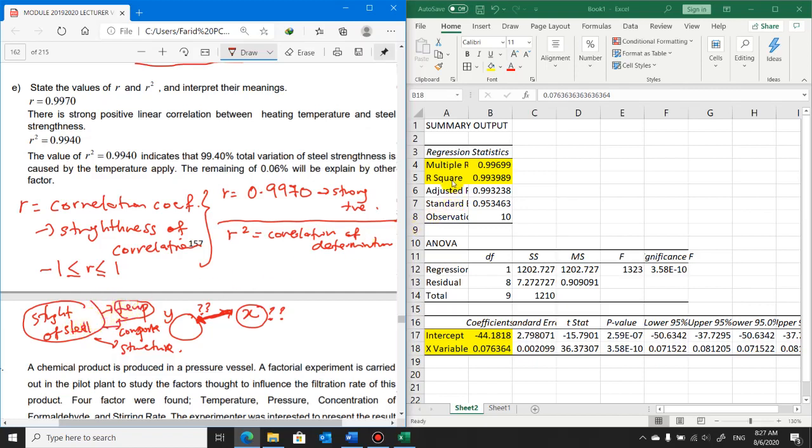So that's why bila kita tengok dalam sistem R square 0.993, so R square is equal to 0.994, I think, okay, 994.